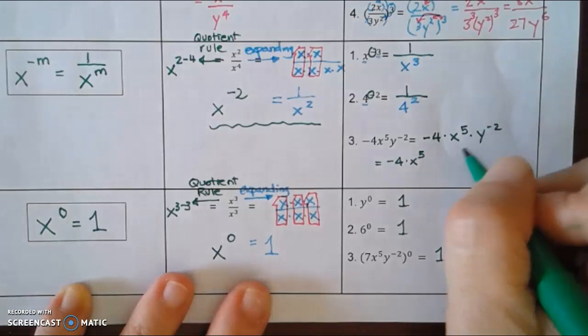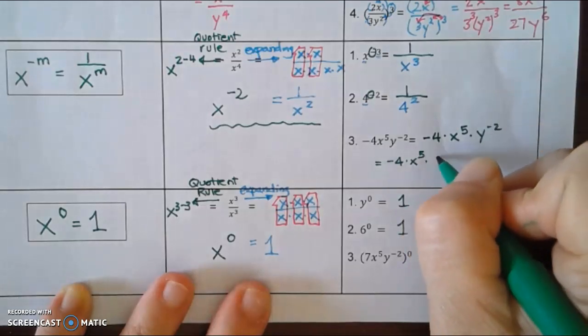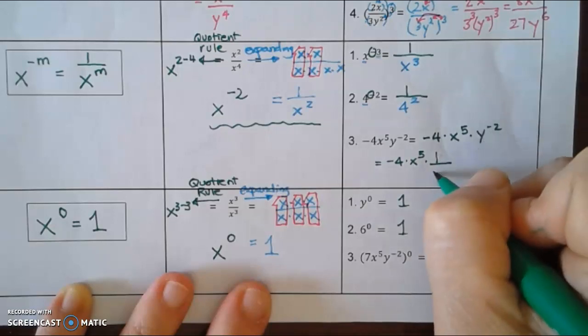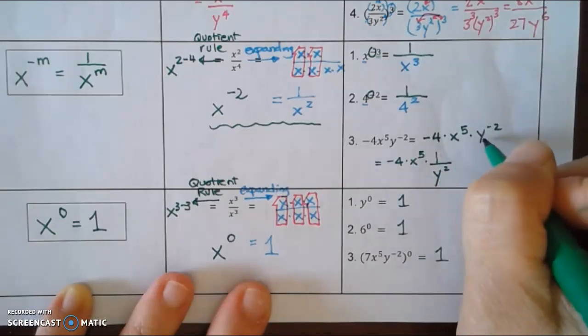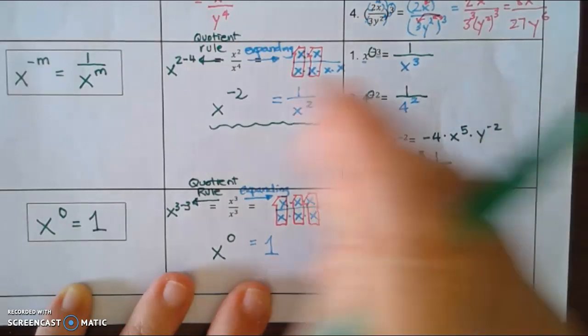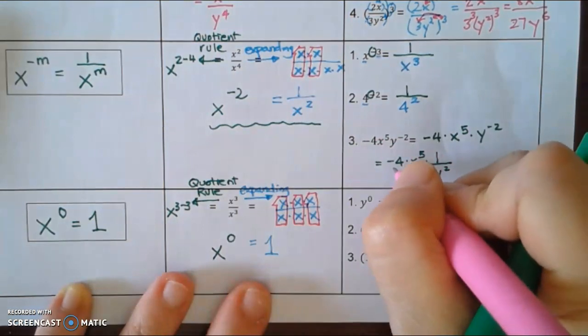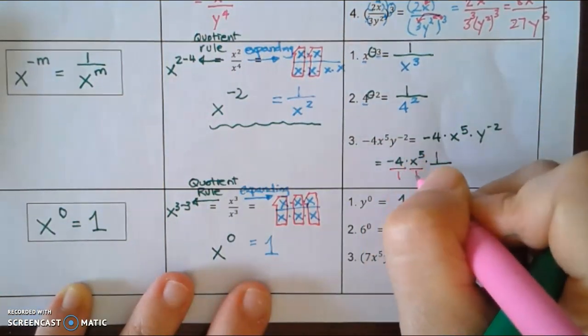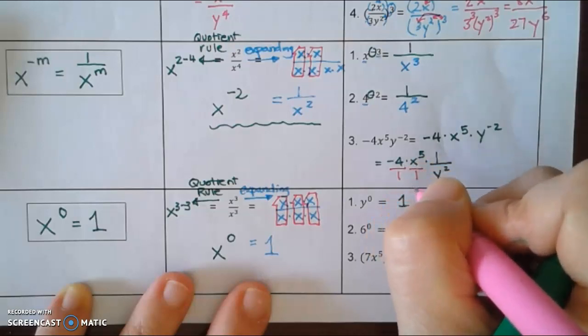Well, I have a negative exponent here. I can rewrite this without the negative exponent as 1 over y squared. So y squared occurs as a denominator, and you're multiplying across. Remember, when you're multiplying fractions, anything just becomes anything over 1, because anything over 1 is the same thing.